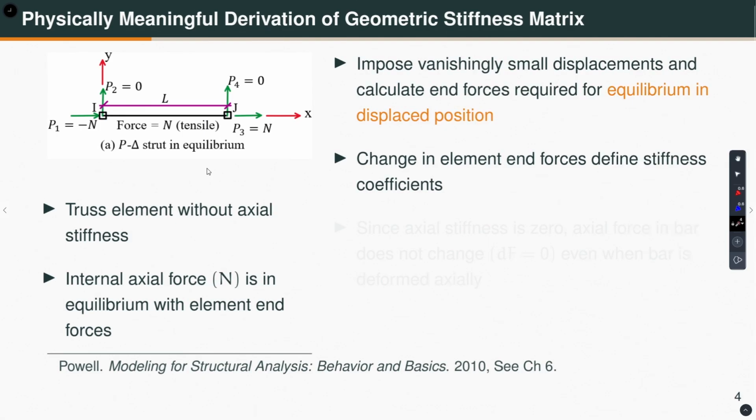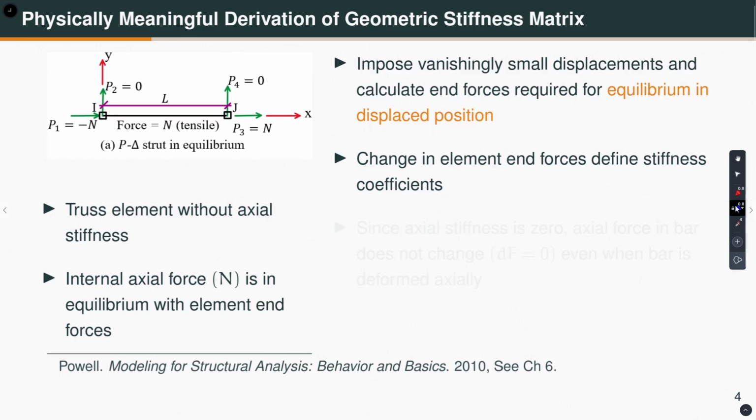What we want is to derive the geometric stiffness matrix Kg, and to do that we will impose vanishingly small displacements and calculate the element end forces required for equilibrium in the displaced or deformed configuration.